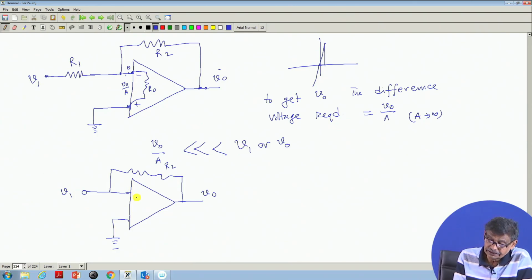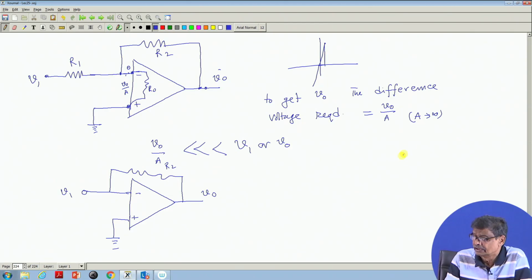What is the consequence of this ideal op amp? Can it draw any current? No, input impedance is high, and for an infinite gain you require very little voltage here compared to V1, which can be assumed to be 0.